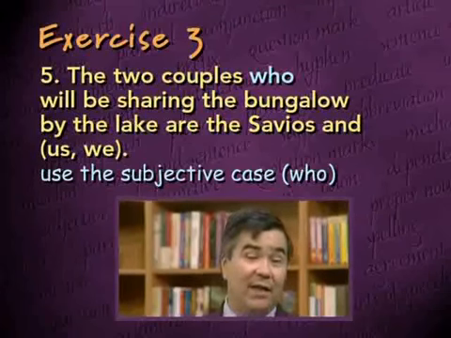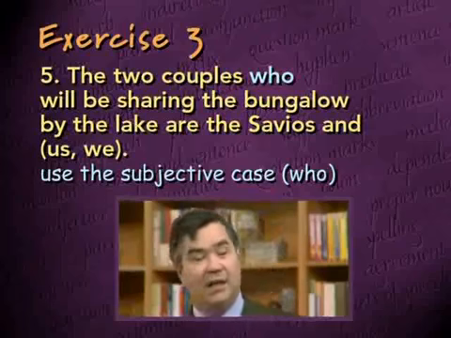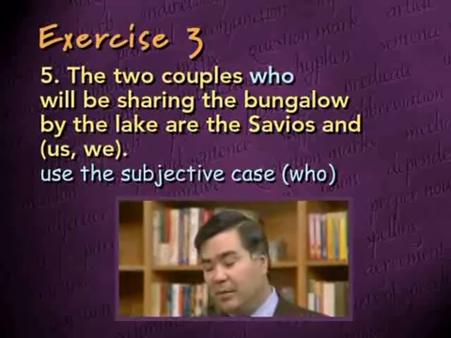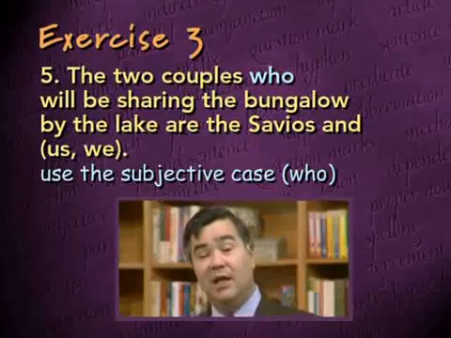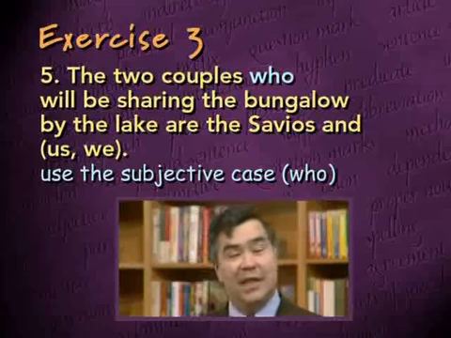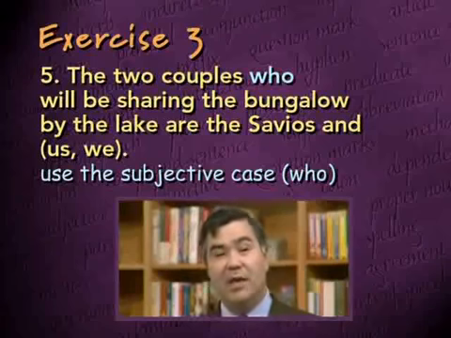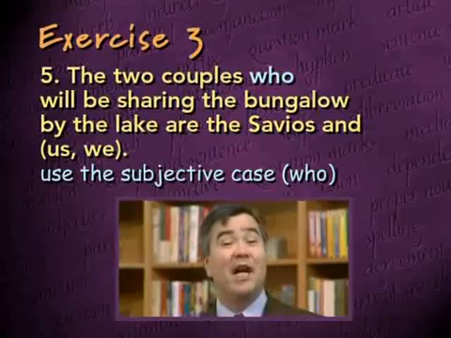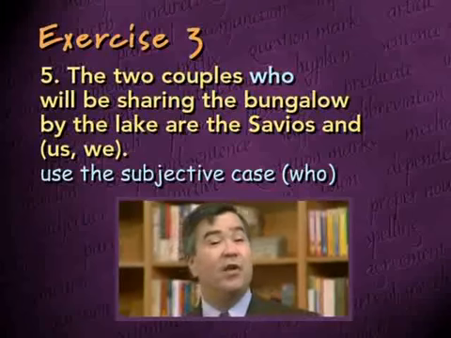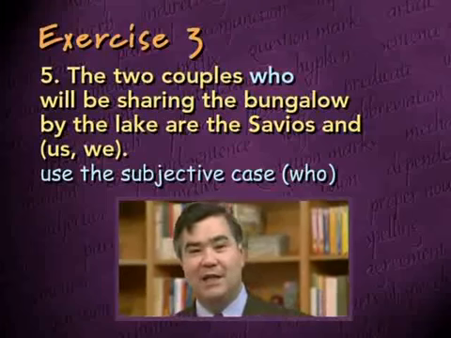And that's what we have in this case. The verb of being is the verb are. And the sentence as a whole is saying that the two couples, blah, blah, blah, are the Savios and us or we. So the two couples, that's the subject of the independent clause. Are is the verb, and the Savios and us or we is the subject complement. That is, giving further information about the two couples who are mentioned way back at the beginning of the sentence.